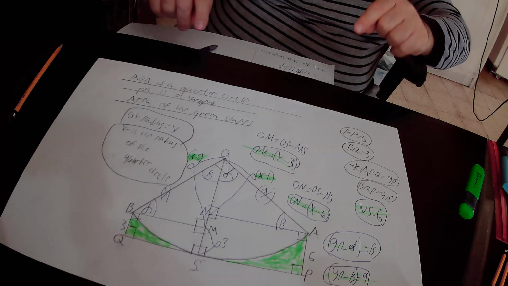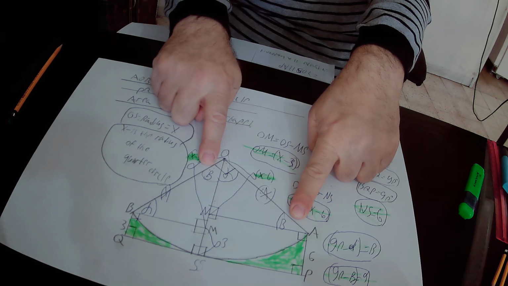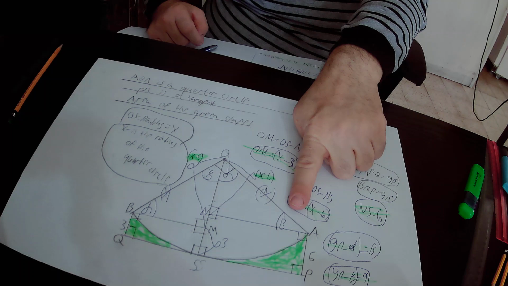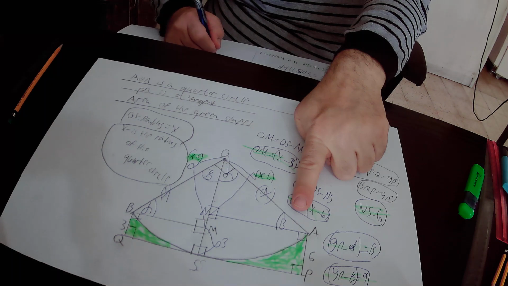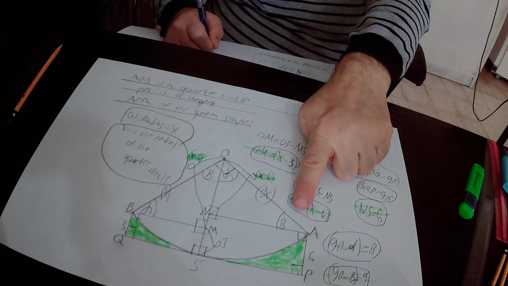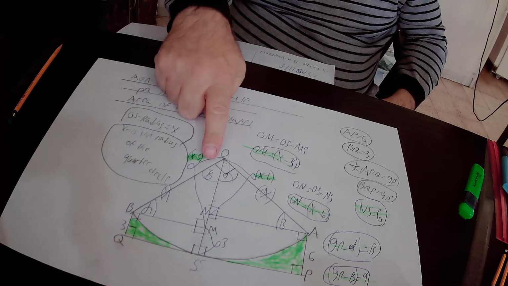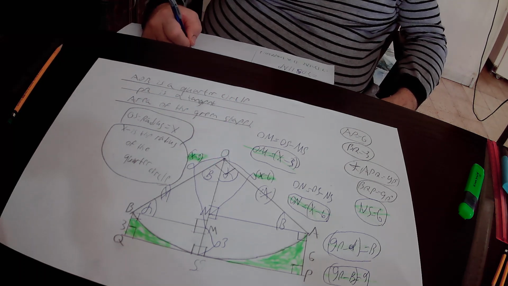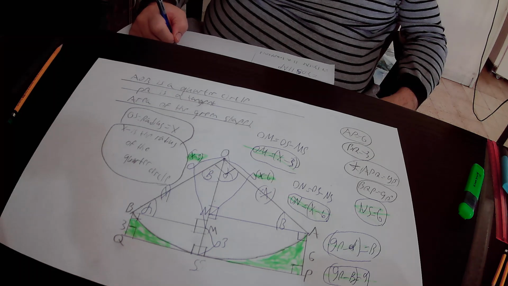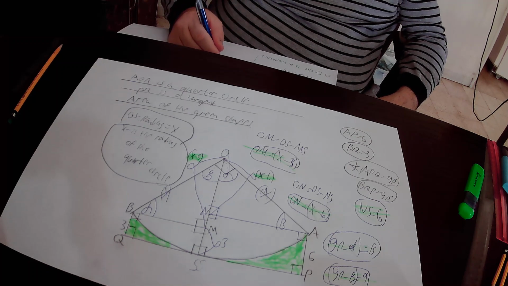And those two angles are both equal to beta, therefore they are equal to each other. So this is angle OAN in the right triangle ONA, and it is equal to this angle, angle MOB in the right triangle OMB.